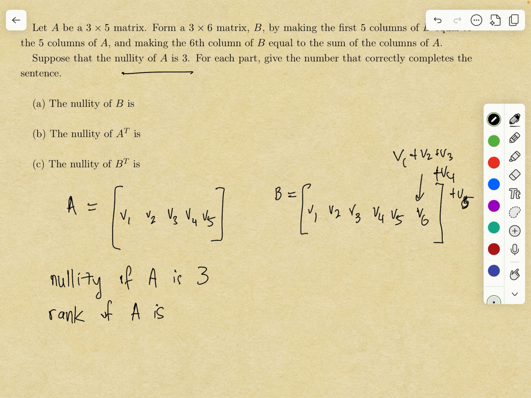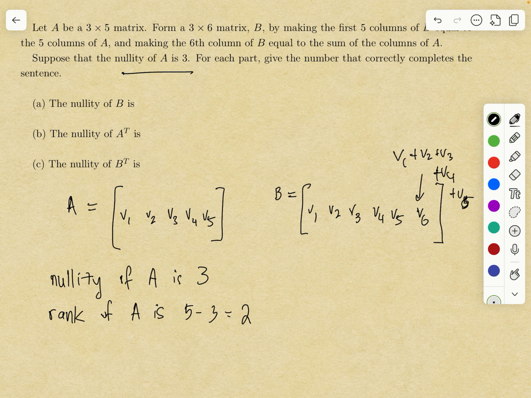Well, A has 5 columns, and the nullity plus the rank must equal the number of columns. That's the rank-nullity theorem. So the rank must be 5 minus 3, which is 2. So A has rank 2.